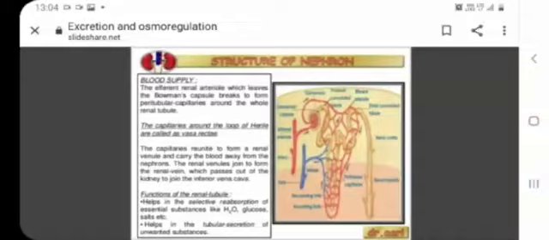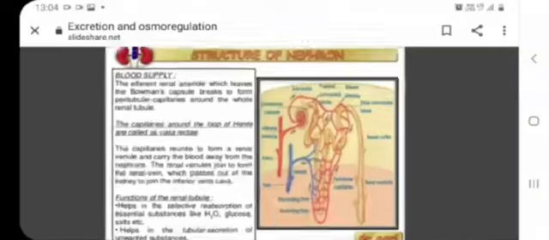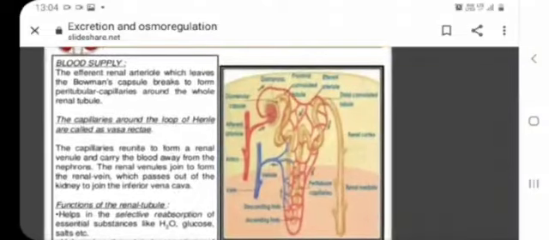The efferent renal arteriole, which leaves the Bowman's capsule, breaks to form peritubular capillaries around the whole renal tubule. The capillaries around the loop of Henle are called the vasa rectae. Capillaries reunite to form a renal venule and carry the blood away from the nephrons.